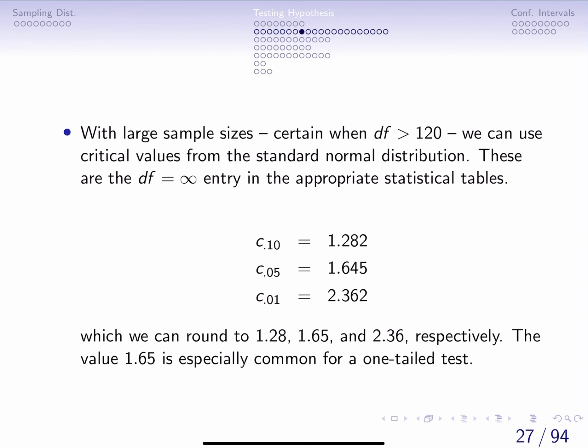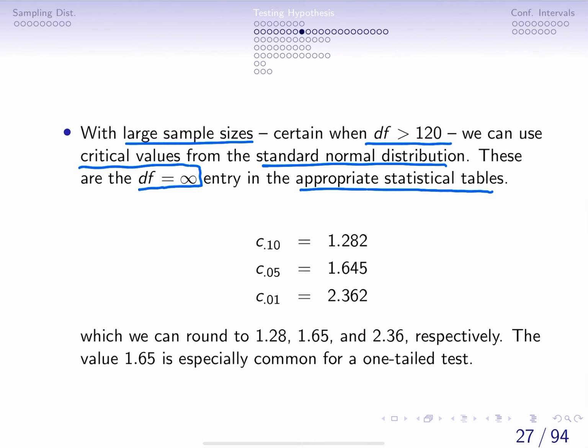Here we can see that for any large sample size, when degrees of freedom are greater than 120, we can use critical values from the standard normal distribution. So you don't look at the t-tables, but you can look at the values in the appropriate statistical tables for the standard normal.